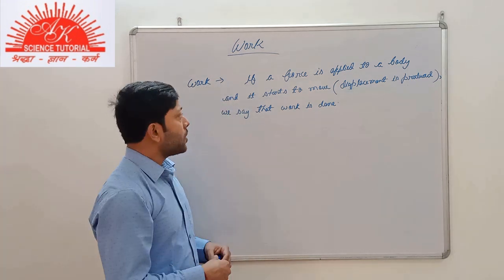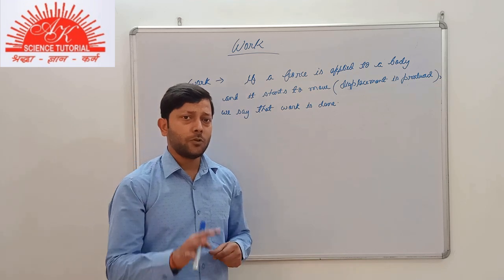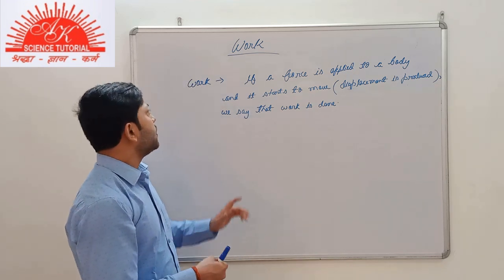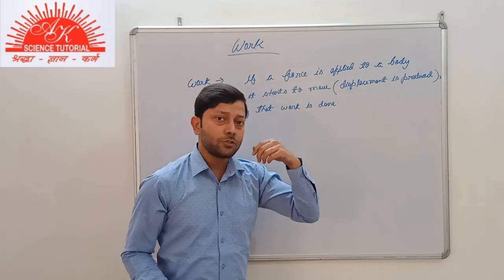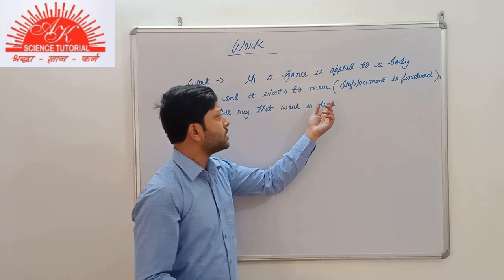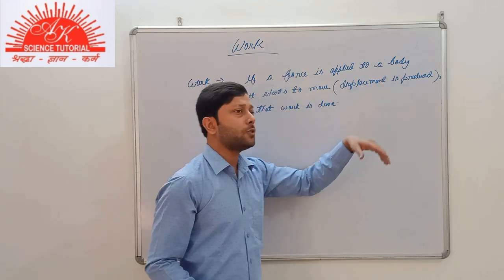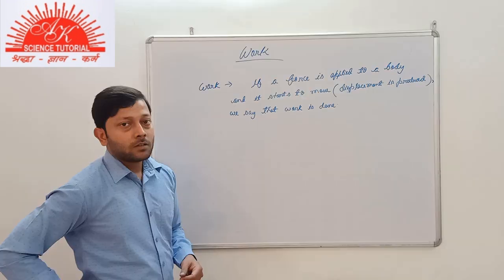But if you are asked to define any physical quantity in your board's exam, then you won't only state this theoretical part. If a force is applied to the body and the body starts to move, or you can say that there is displacement produced in the body, then work is said to be done.